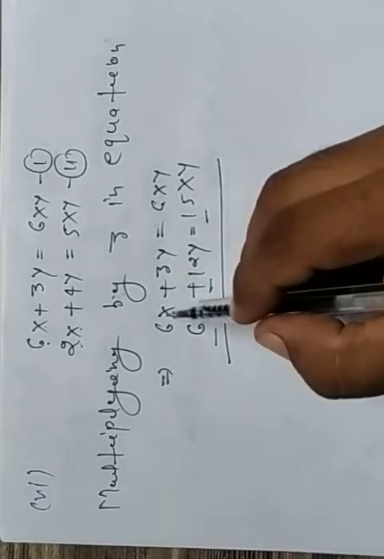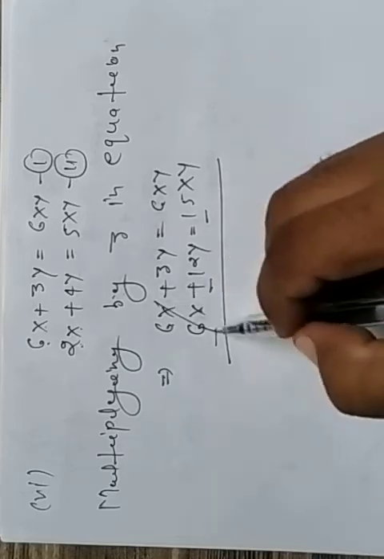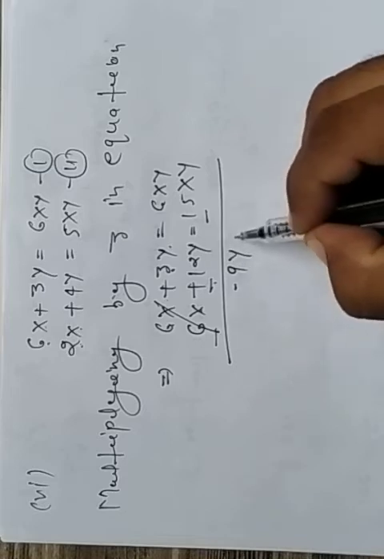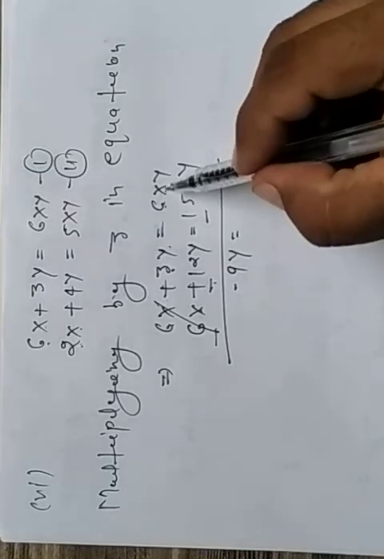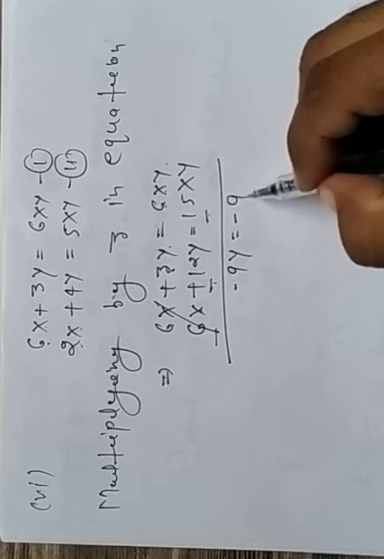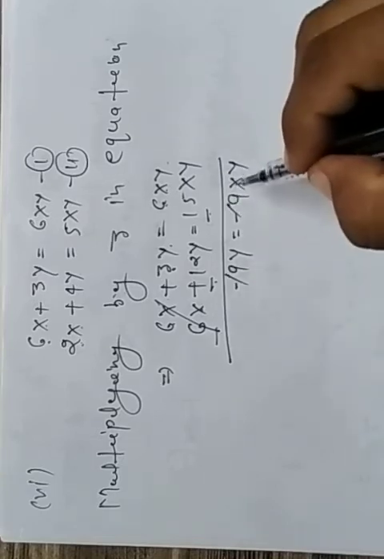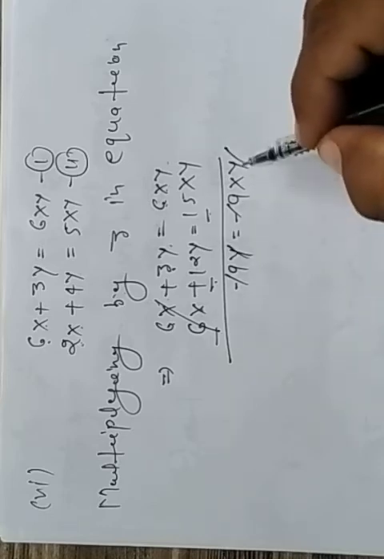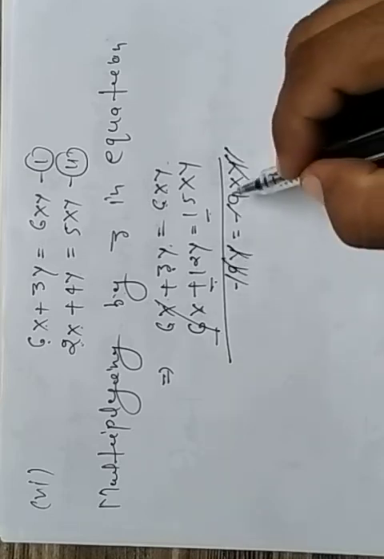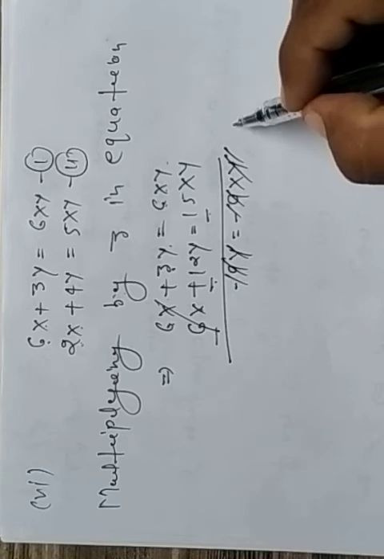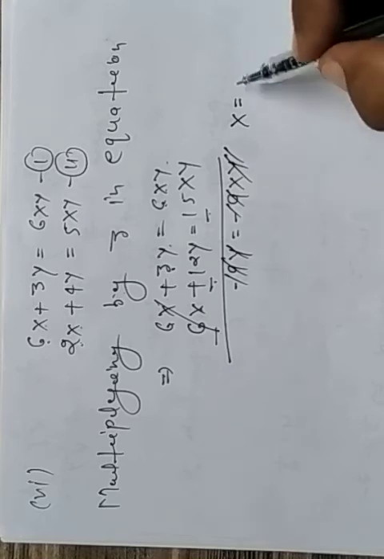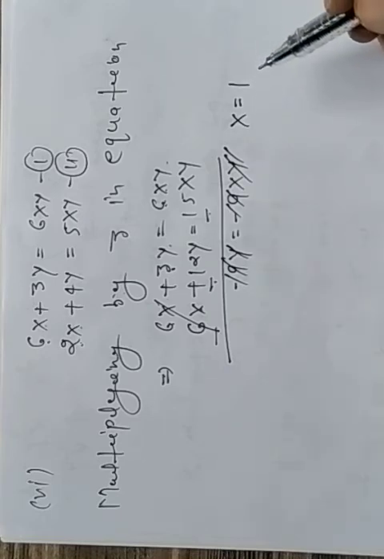So see students, 6x minus 6x cancel, and 3y minus 12y is minus 9y, which is equal to 6xy minus 15xy, which is minus 9xy. Minus minus cancel, y cancel, and 9 cancel. So the value of x is coming 1.